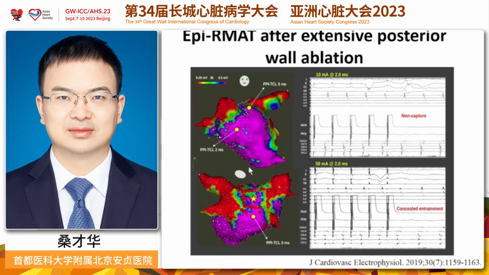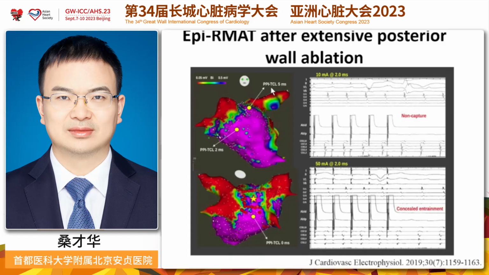Dr. Garcia from UPenn first reported epicardial roof-dependent atrial tachycardia after extensive posterior wall ablation. He did entrainment mapping from the anterior wall, septal, and posterior wall.